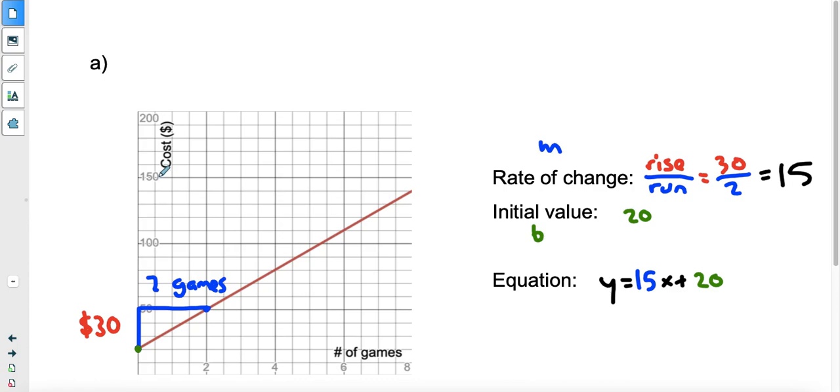So we could also use the letter C here to represent cost. And really, we could use any letter to represent the cost here. It doesn't have to be y. Or x here represents the number of games. So we could use n here to represent the number of games.